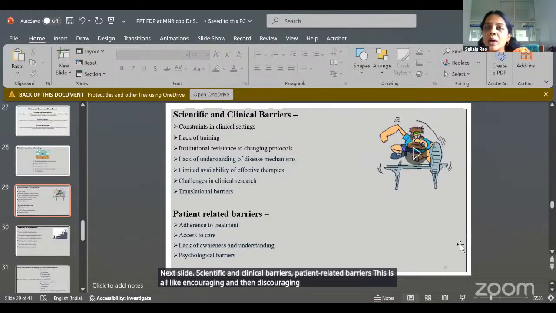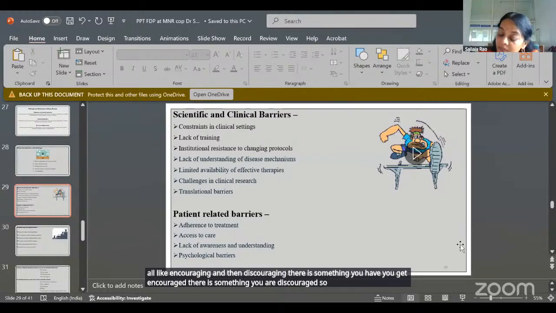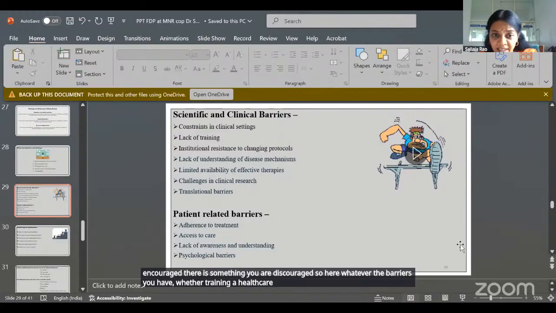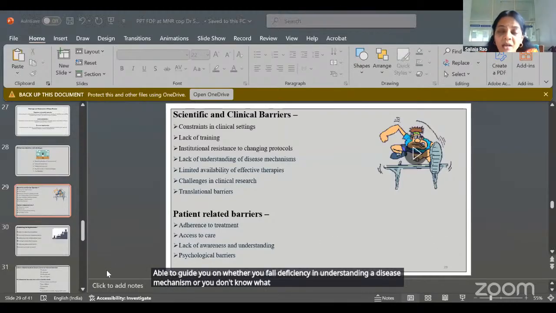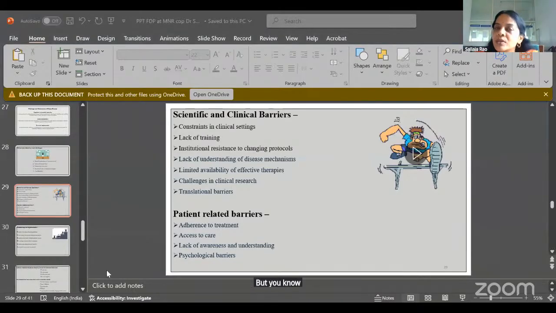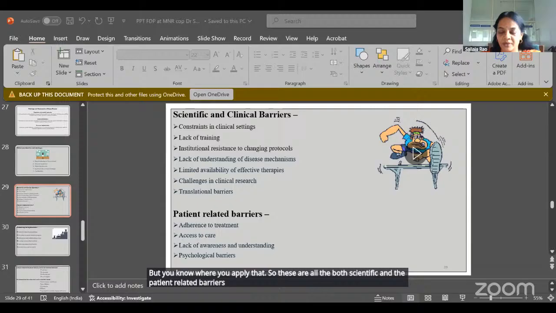There is something that encourages you, and something that discourages you. So whatever barriers you have, whether it is training of a healthcare professional who is well trained and able to guide you, or a deficiency in understanding the disease mechanism, or you don't know what an effective therapy is, or you face all these challenges, or some translational barriers. A translational barrier is nothing but you do it in the lab, but you don't know where to apply it. So these are both the scientific and the patient-related barriers that we have. Next slide.